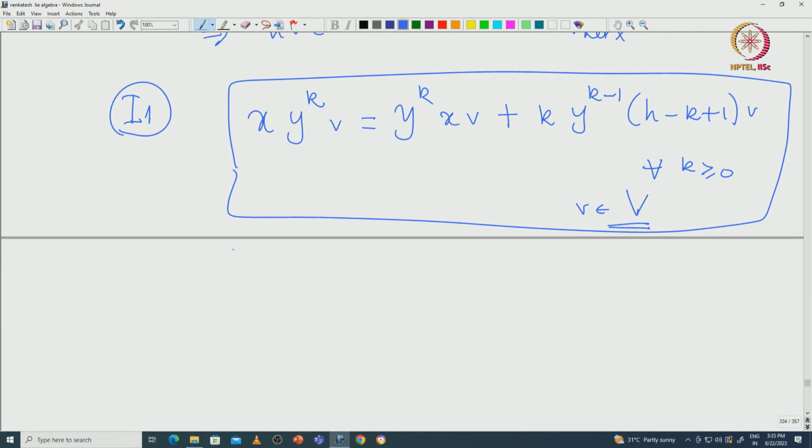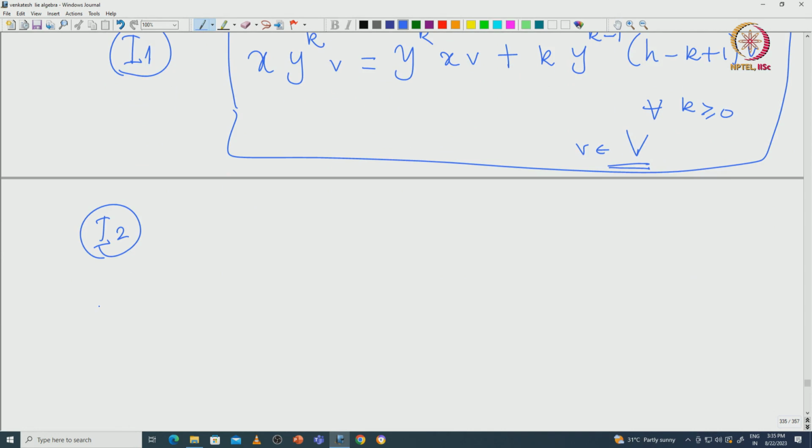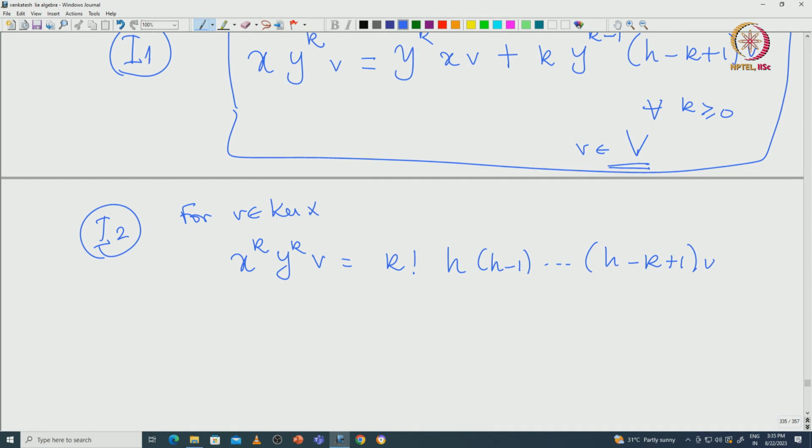Now, what does the second identity say? If you restrict to kernel X, then we have the following important identity. If you take x^k y^k v, for v in kernel x, then this is going to be equal to k factorial times h into (h - 1) etcetera (h - k + 1) v, and this is true for all k greater than or equal to 1.